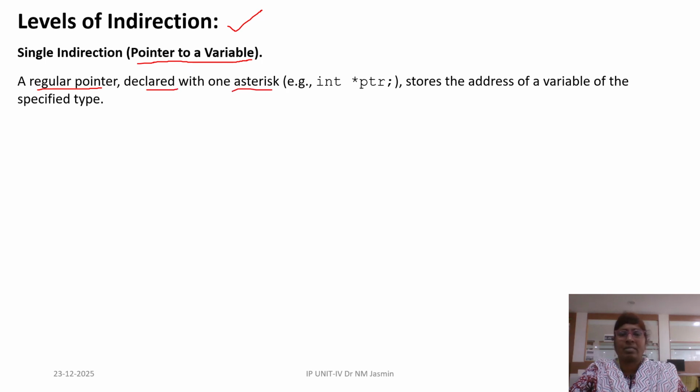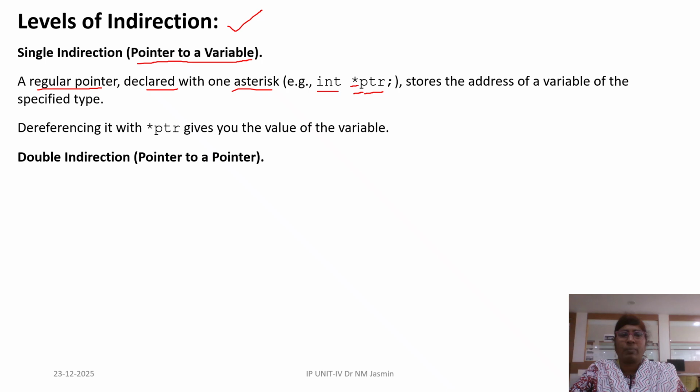In the syntax, the data type is integer, and we use only a single asterisk, followed by the pointer name, which stores the address of a variable of the specified data type, integer. The dereferencing operator with the pointer gives the value of the variable.